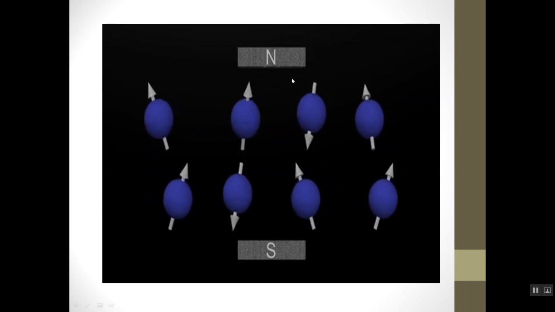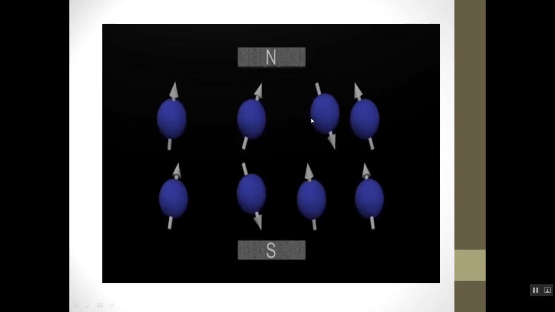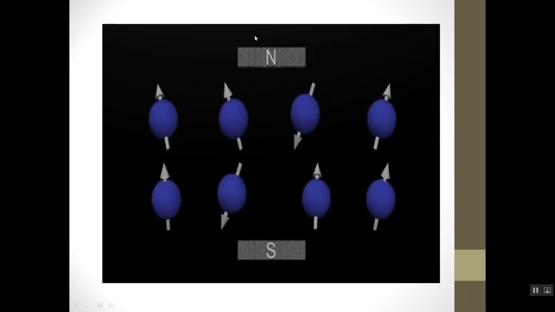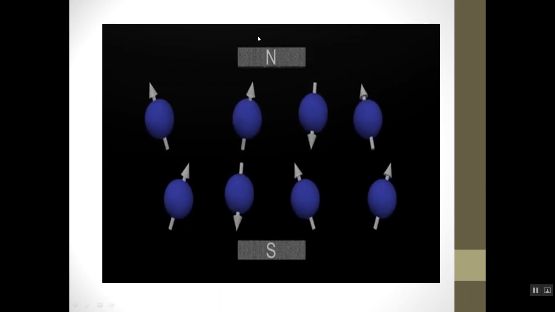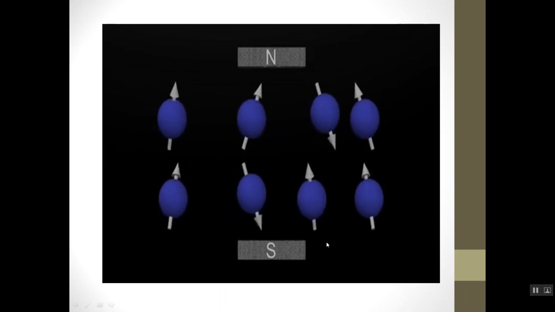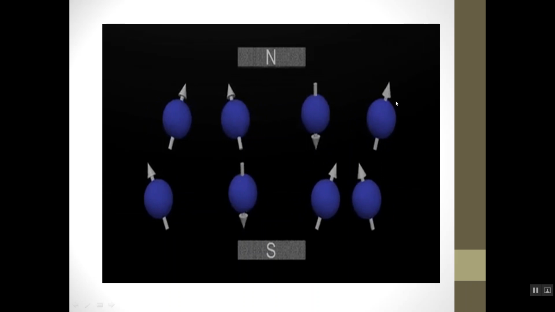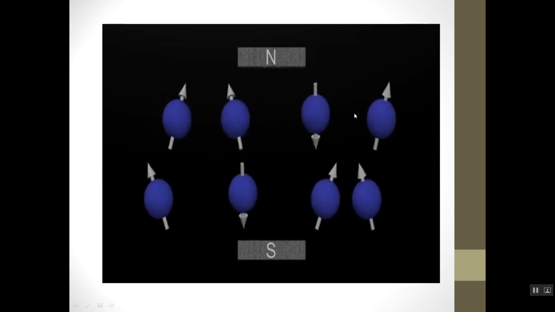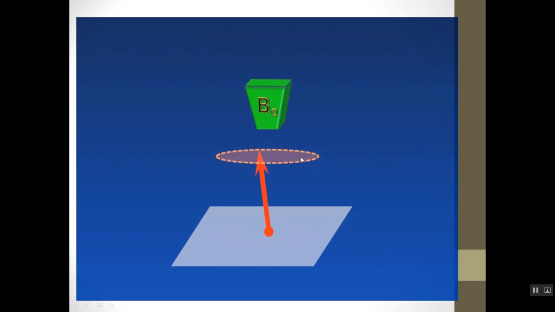So after applying the external magnetic field, protons align themselves with the line of the magnetic field, some protons aligned up and other protons aligned down, and the protons acquire precession motion. This is the frequency of precession. The frequency of precession depends on the external magnetic field.